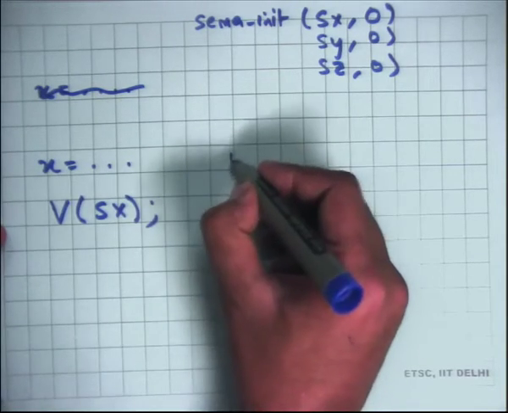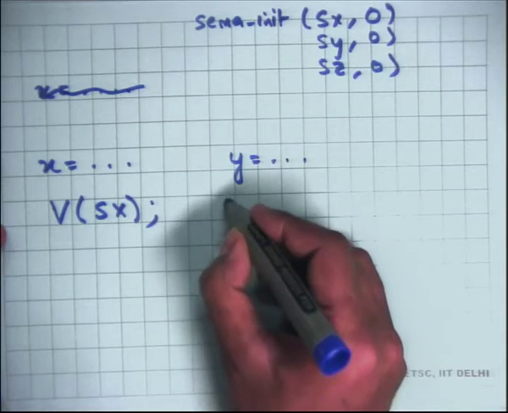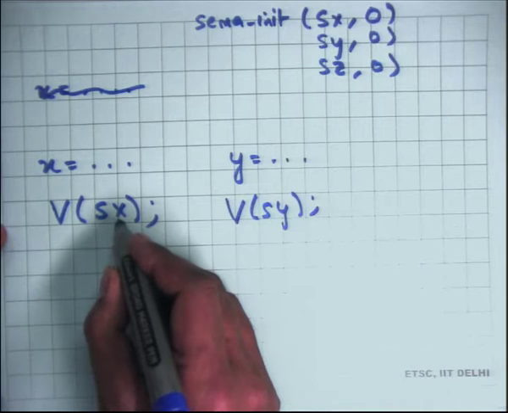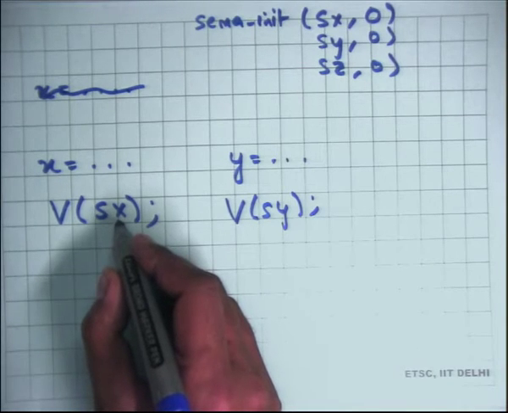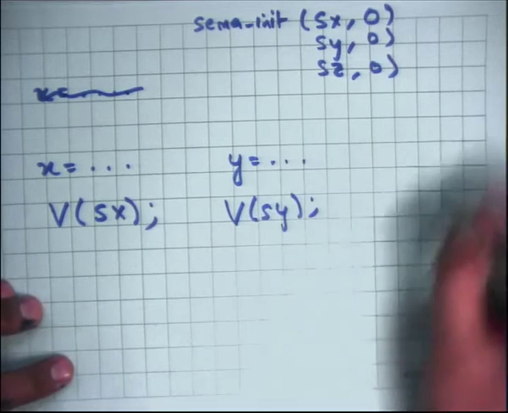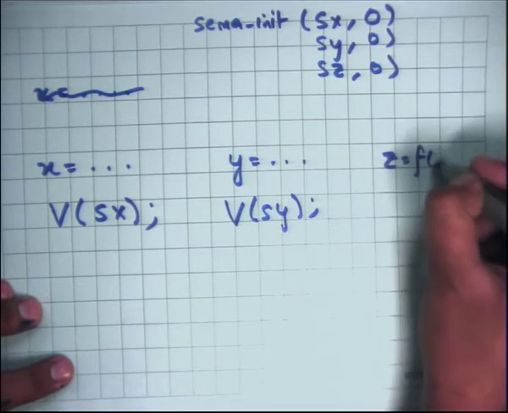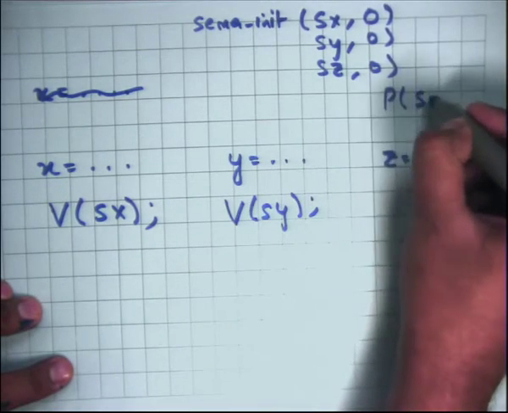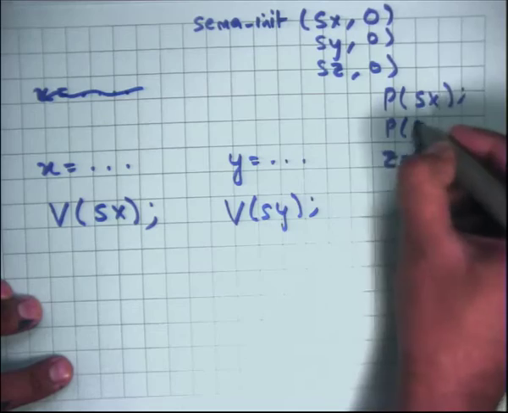Then you say y is equal to dot dot dot, you say v on sy, basically indicating that x has been computed. So, you push up the flag by 1, y has been computed, so you push up y's flag by 1, and for z is equal to f of x, y, what do you do? Before it you say p of sx and p of sy.